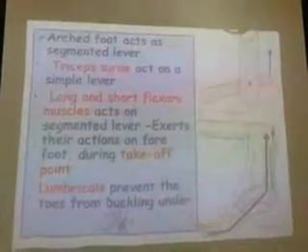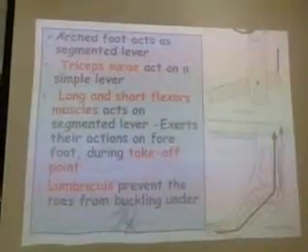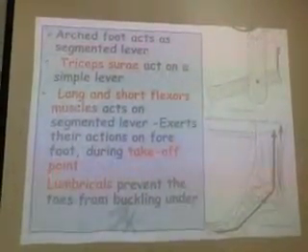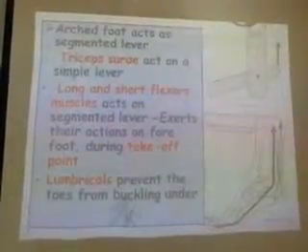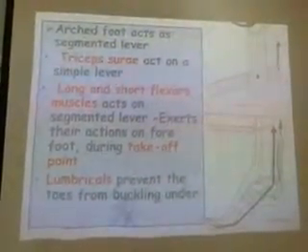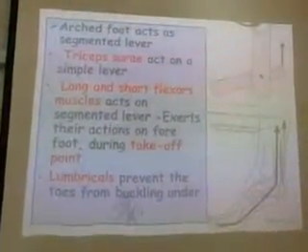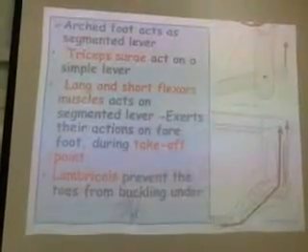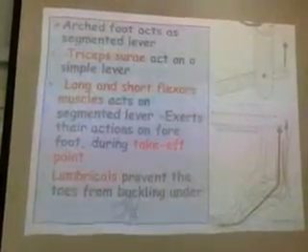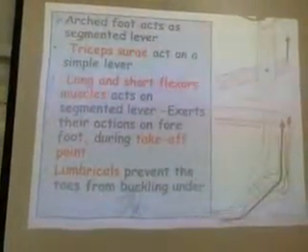And lumbricals. What are these lumbricals? In lecture class, it is covered. Between the tendons of flexor digitorum, the lumbricals are there, short muscles. They prevent the toes from buckling under.